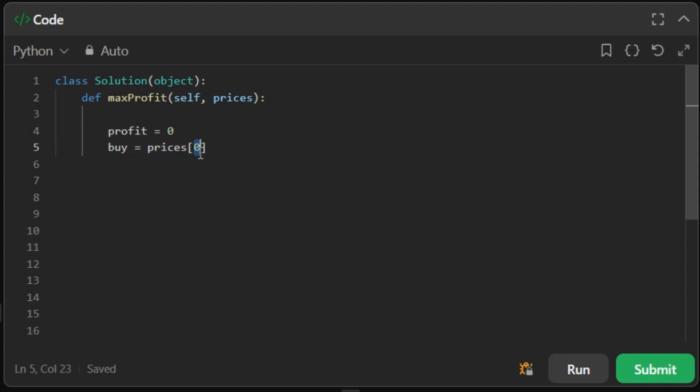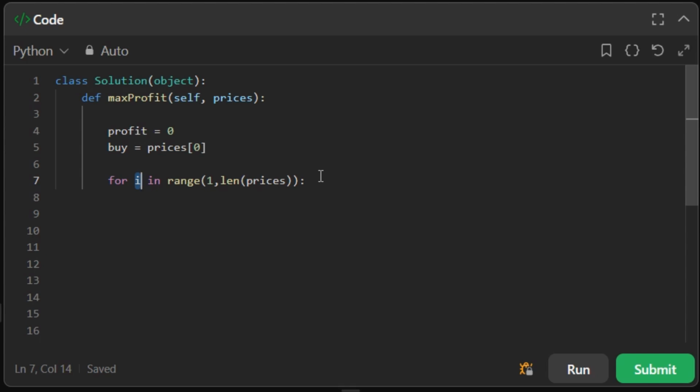Now once that is done, what we can do is run a loop, that is the sell loop, in the range 1 to length of prices. Now please pay attention here. This entire loop is our selling loop. What that means is for each day or each index i, we will try selling the stock on that day. Now if you remember earlier, our selling options only start from the second day to the last day.